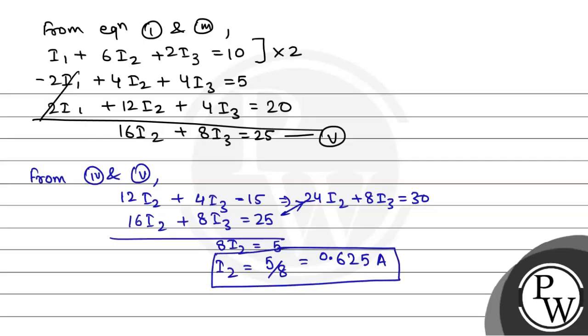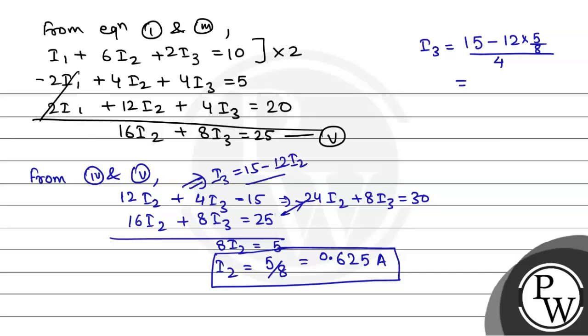ठीक है, और हमारे पास अगर I3 के लिए सॉल्व करेंगे, इस इक्वेशन से हम ले रहे हैं, I3 is equal to (15 minus 12 into 5/8) divided by 4. इसका अगर हम वैल्यू सॉल्व करें, so this will be 7.5/4 that is 1.875 ampere.